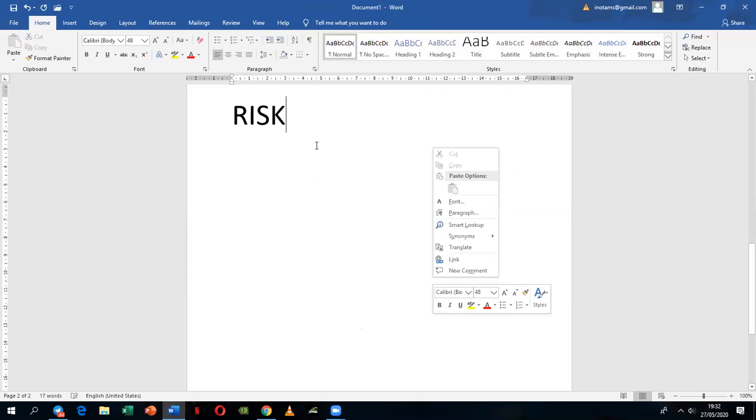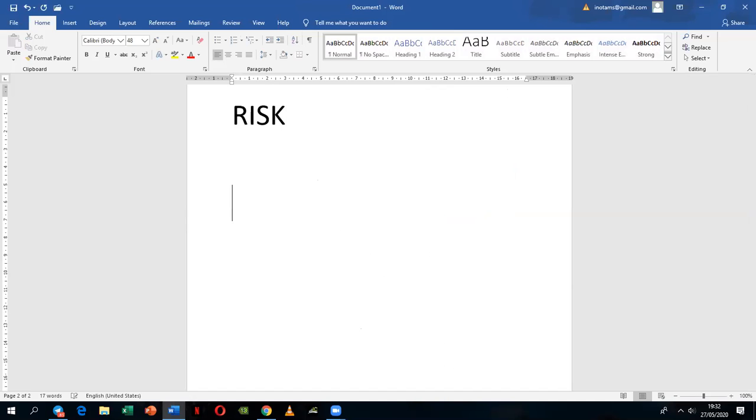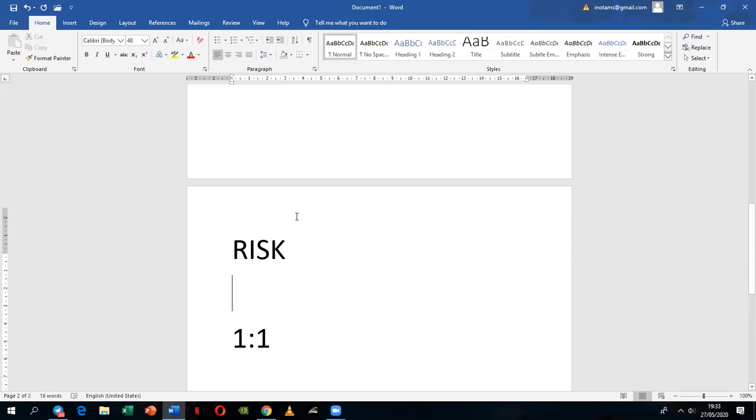So here we are. When they tell you a risk of one-to-one, this simply means you're risking one position, and this is your reward. Your reward is a certain number of pips, but also one position. So let's go back to this trade.